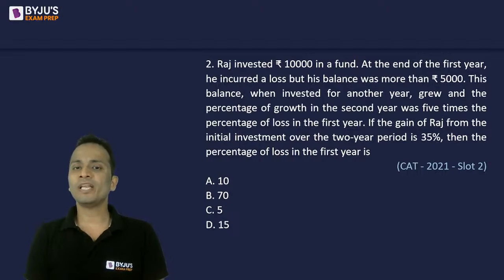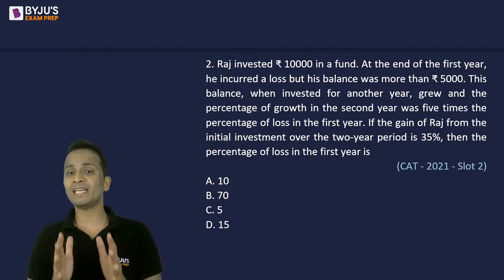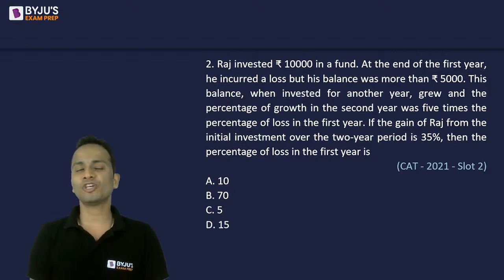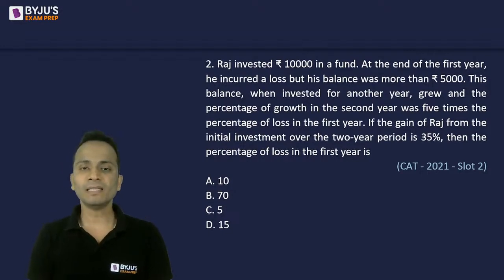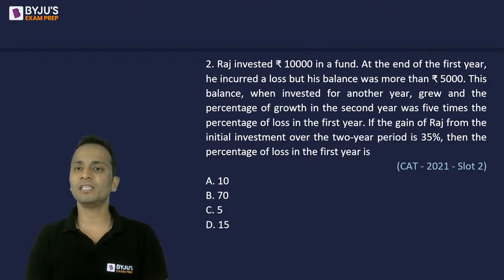This balance, when invested for another year, grew, and the percentage of growth in the second year was 5 times the percentage of loss in the first year. If the gain of Raj from the initial investment over the 2 year period, that means the net profit, is 35 percent, then what is the percentage of loss in the first year?